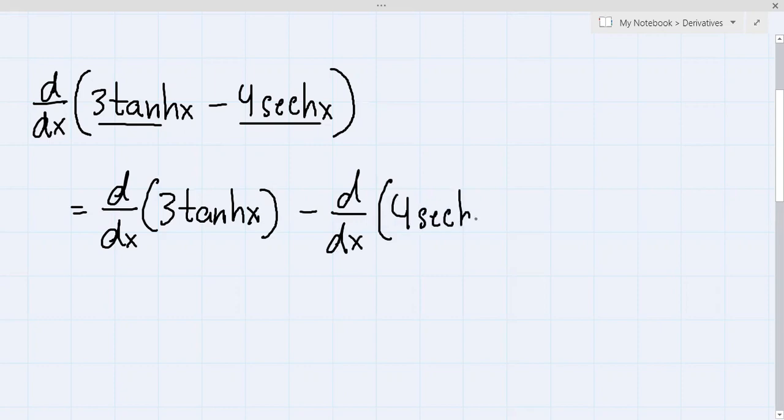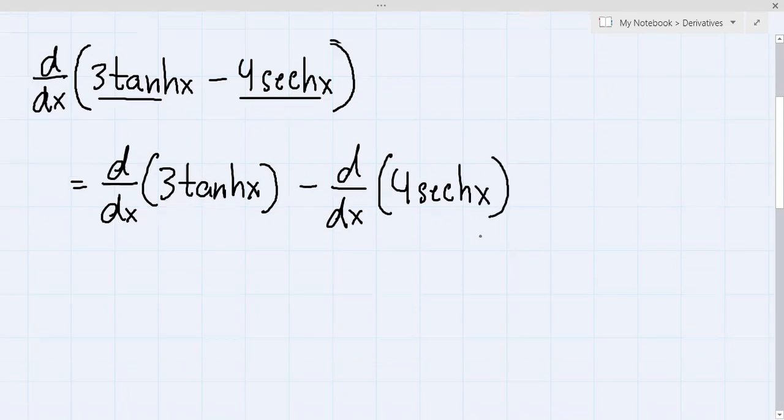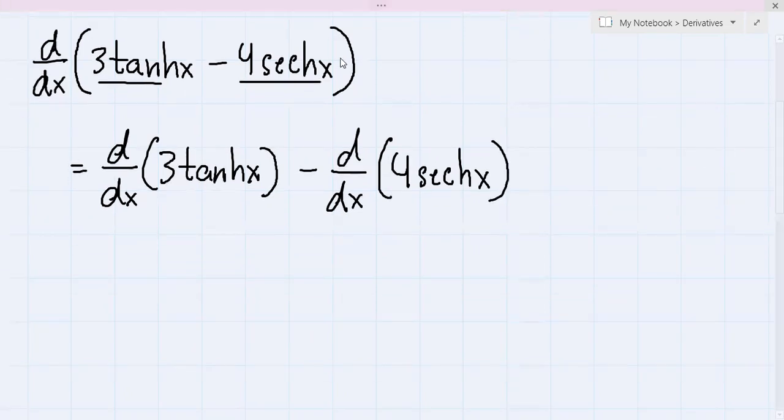times secant hx. Ayan. Also, if you recall that dun sa last time na tinuro ko, one of the basics ng indifferentiation is that if merong constant yung function, tapos nasa derivative notation siya, you can just bring it out. So, ibig sabihin nun, since we have 3 as a coefficient for this function, as well as 4 as the coefficient for this function, which is secant hx, therefore, ilabas lang natin siya sa derivative notation.